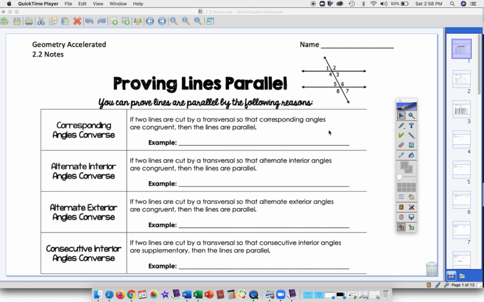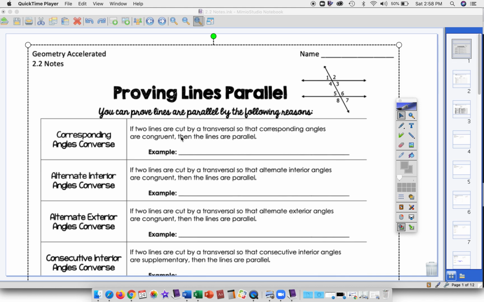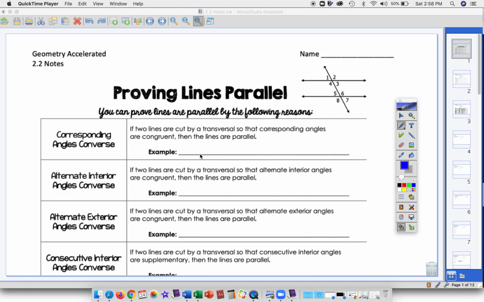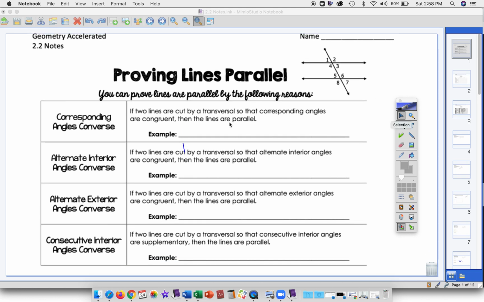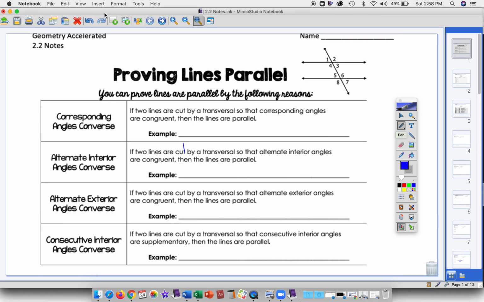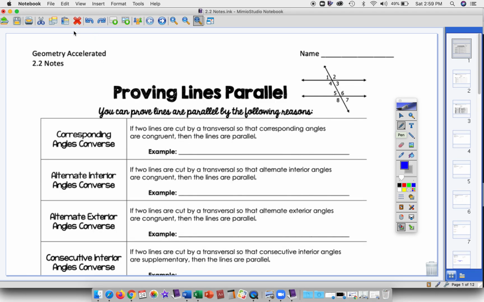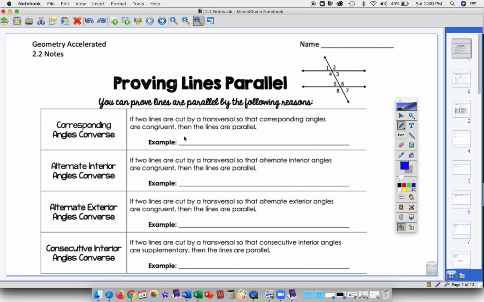An example from this diagram, if I want a pair of corresponding angles, I'll go with 2 and 6. Let me start over again.